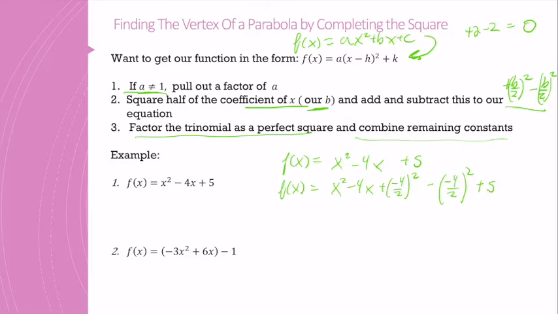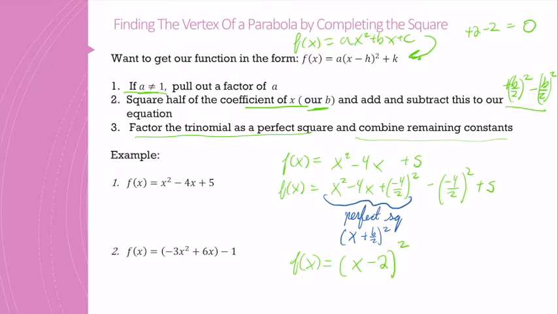What I want you to see is that this part right here is a perfect square trinomial, right? From what we know about completing the square, this is going to factor to x plus b over 2 squared. So f of x equals x, b over 2 is negative 4 divided by 2, so that's minus 2 squared.